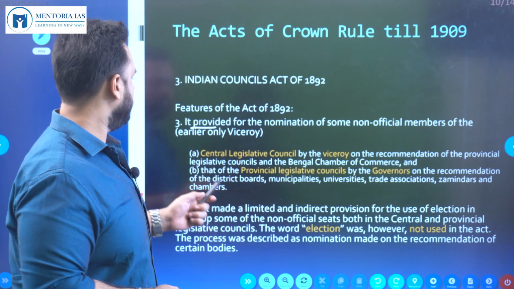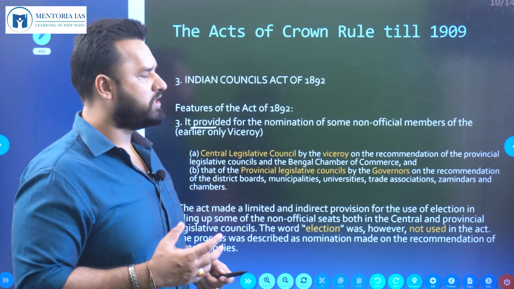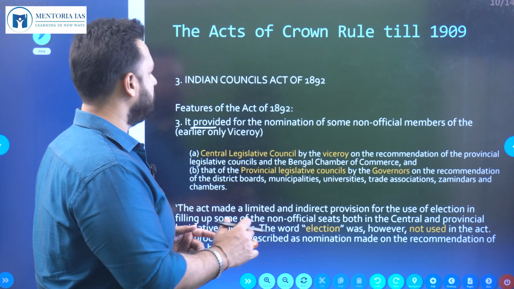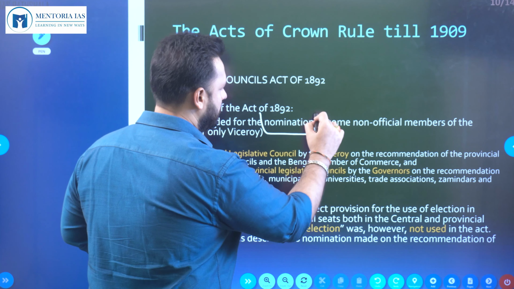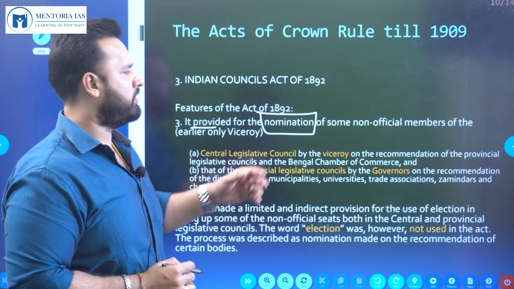Okay, and then what is the third feature? It provided for nomination of some non-official members. Nomination, not election. So it gave a scope for representation.